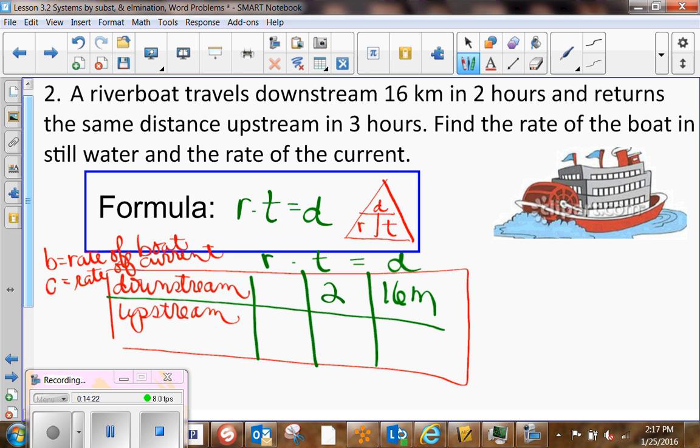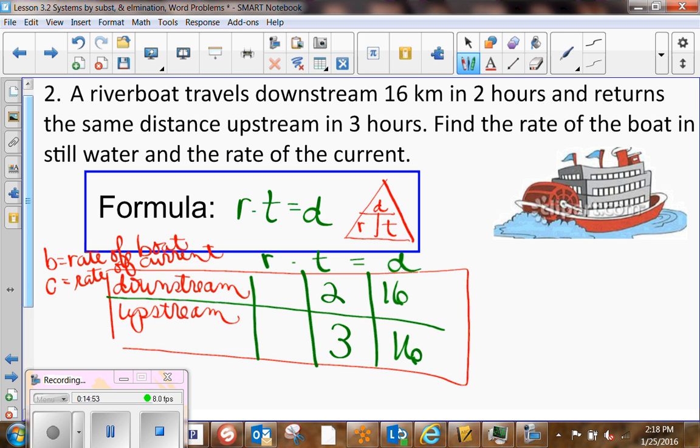Time. Okay. And returns the same distance. So what does that mean? It's going to be 16 coming back too. I'm just going to use 16 because I'll get that mixed up with my A's, C's, and B's. What else do we have? Upstream in 3 hours. Where's that going to go?